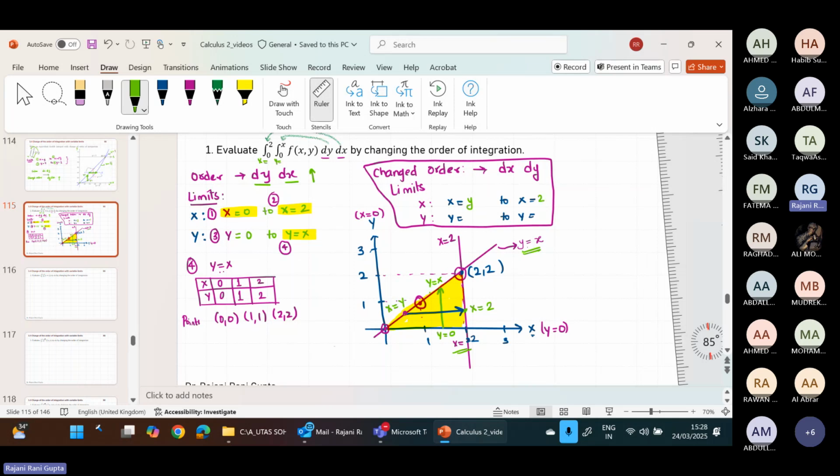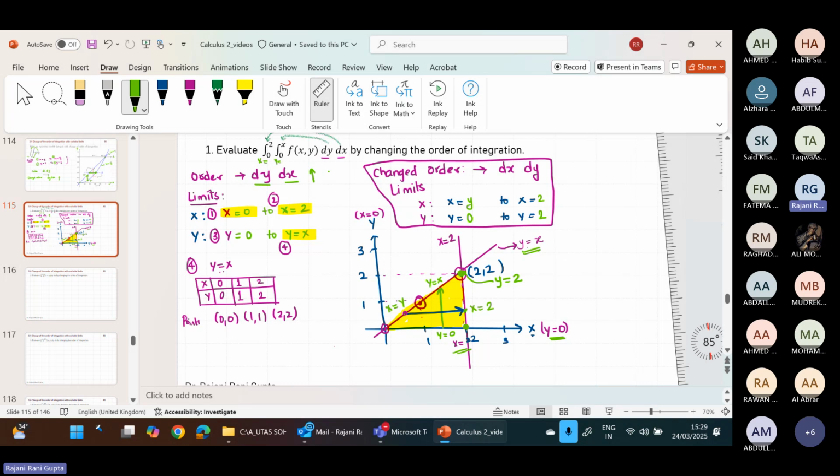Now we have to look for the limits for y. For that, check the extremes of this line. Here the value of y is 0, and here the value of y is 2. So the limit for y is from 0 to 2.